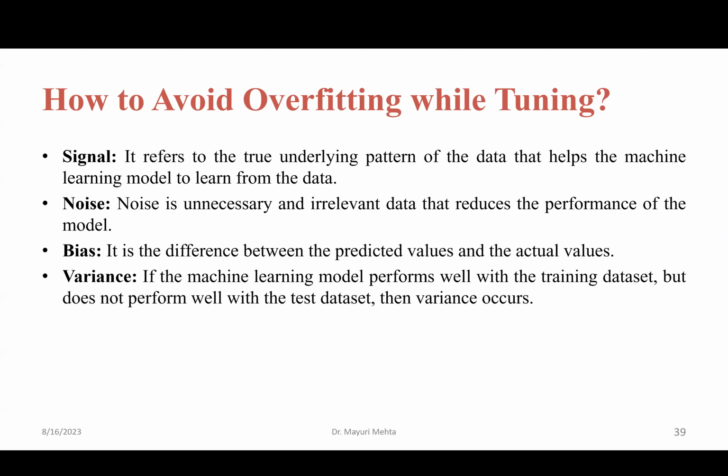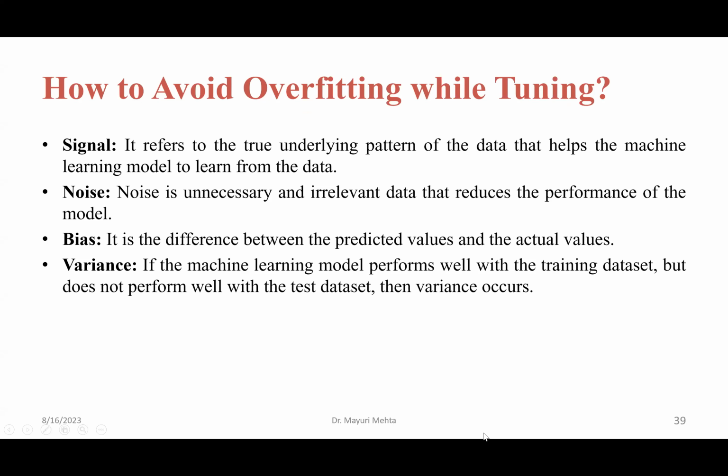The first term is signal. Signal refers to the true underlying pattern of the data, the hidden pattern that helps the machine learning model. Here I have used the words machine learning model, not neural network, because this concept is related to any machine learning model, including neural networks.